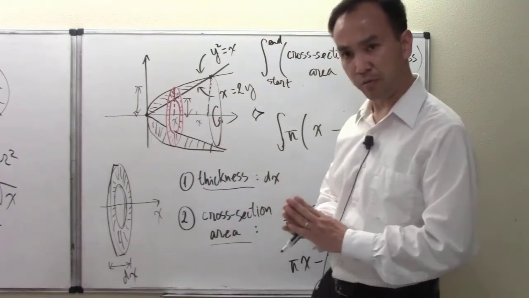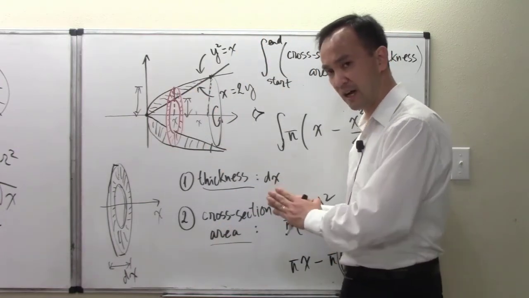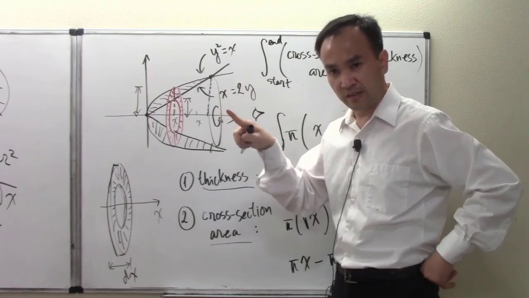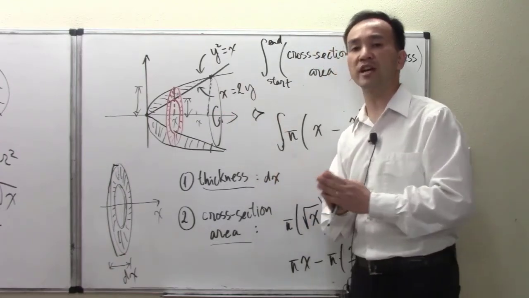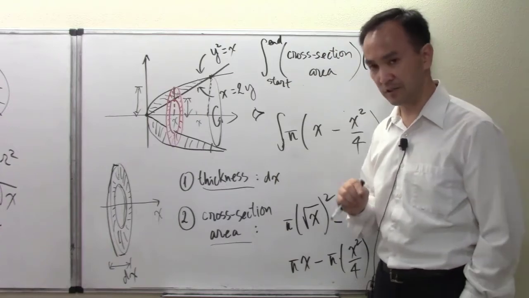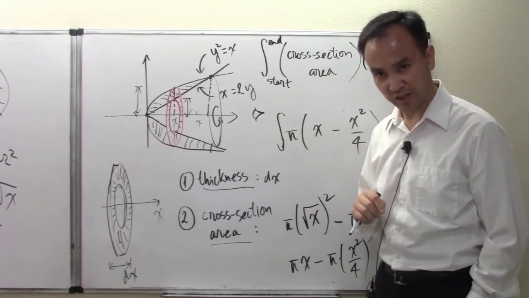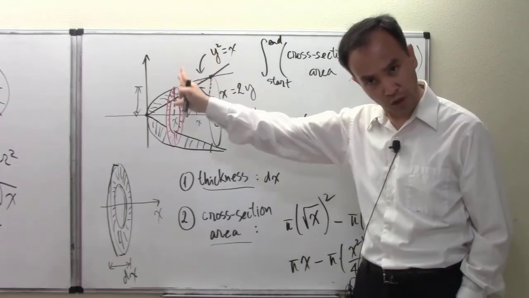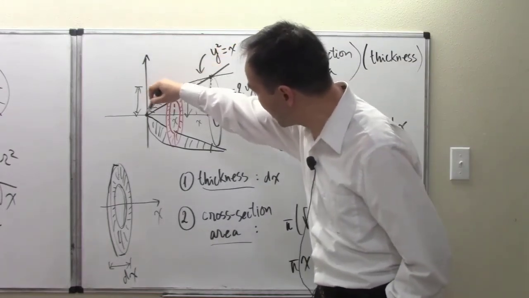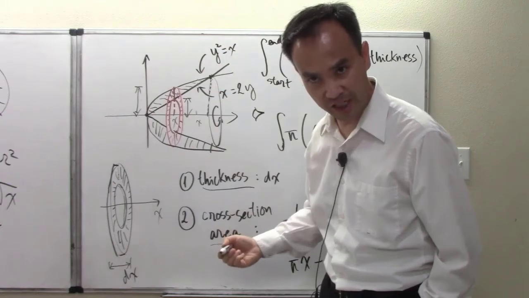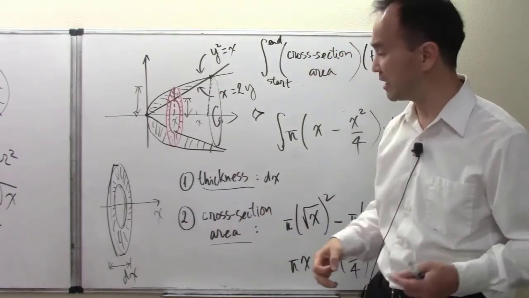In this problem, the start and the end of the rotated region are not given as clearly as in those two examples I delivered in the general discussion lecture, but there are clues for us to find out. I pointed out in the picture that's where the two curves are crossing each other. But now we have to do a little bit of math to find that.